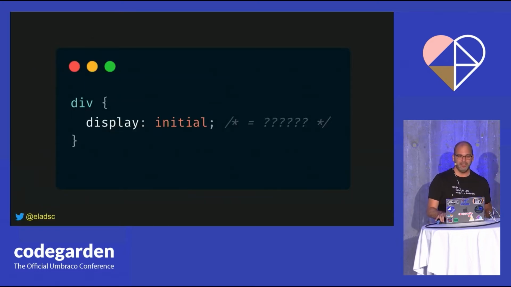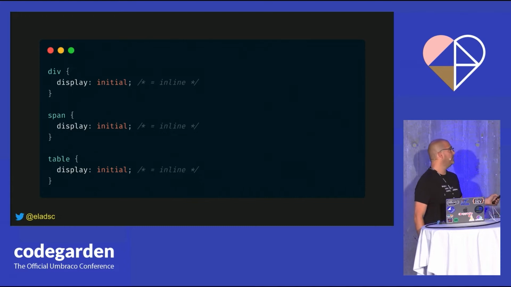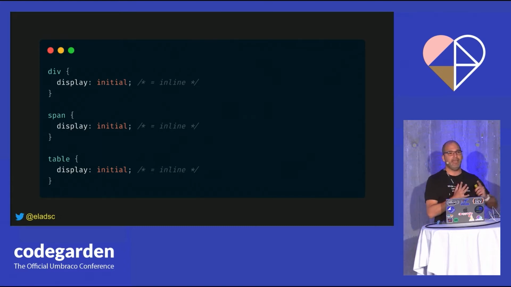Wrong answer. When you use the initial value on the display property, it doesn't care which element you put it on. It just looks at the property itself. And every property in CSS has only one initial value. For the display property, the initial value will be inline, and it will always be inline. It doesn't matter if you put it on a div, span, table, or any HTML element that exists.